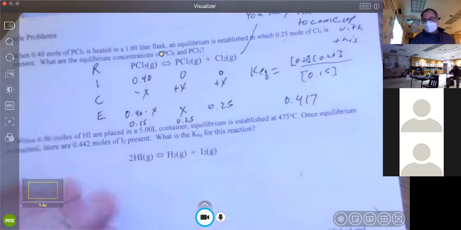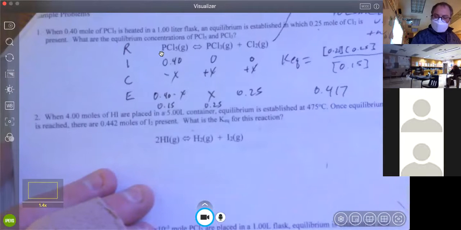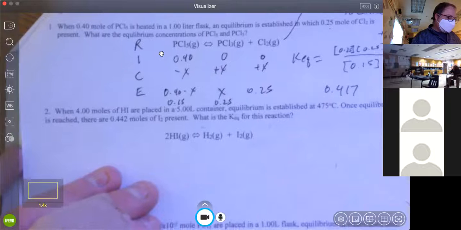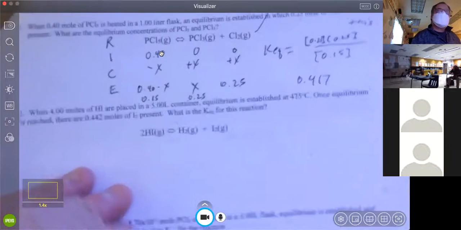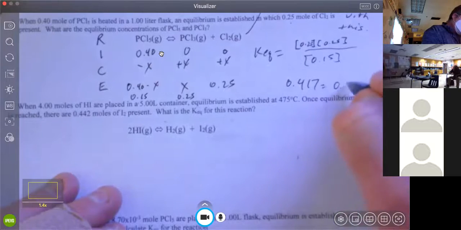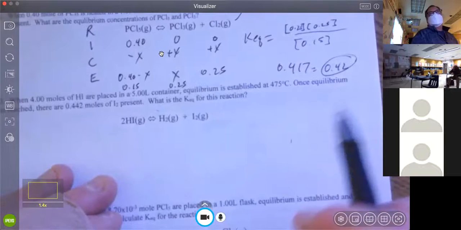So we get 0.417 or 0.412, I believe. Or I'm sorry, 0.42. Again, K sub EQ does not have units.